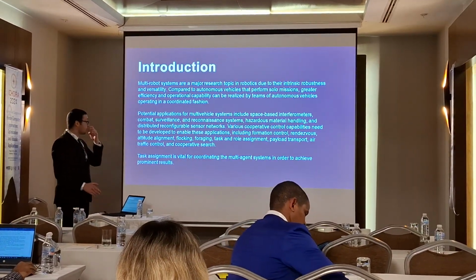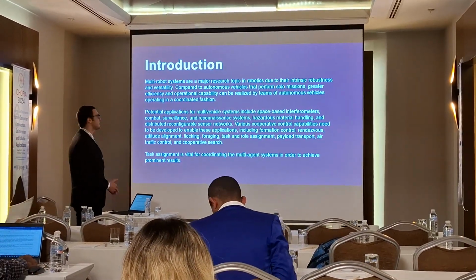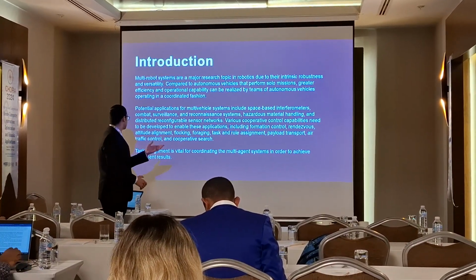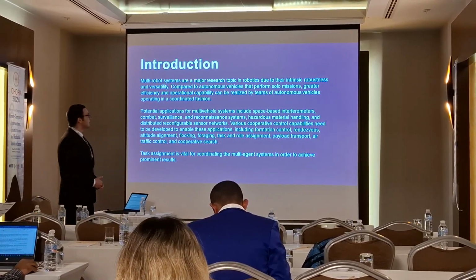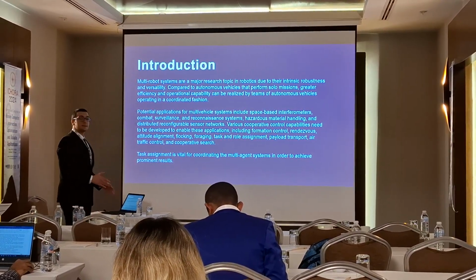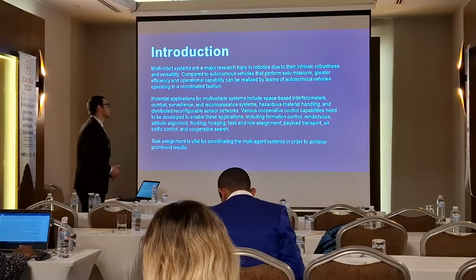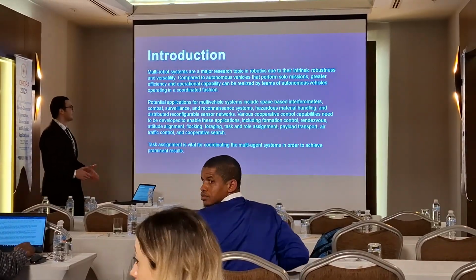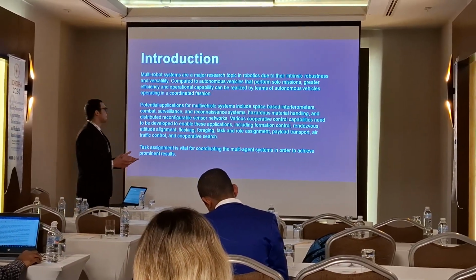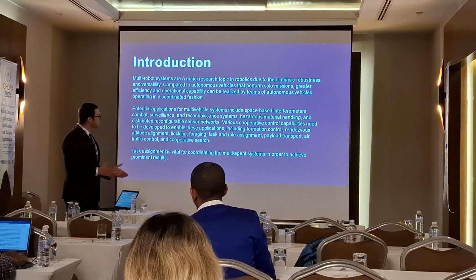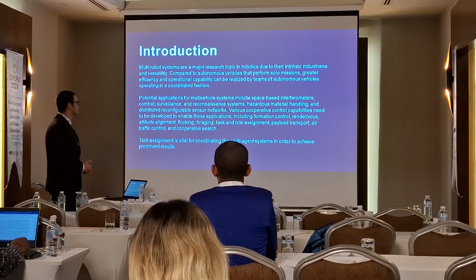Cooperative control enables agents to execute certain applications such as space-based interferometers, combat, surveillance, and reconnaissance, etc. And to enable these approaches, various cooperative control capabilities need to be satisfied, such as the flight foraging, task and role assignment, etc. So what we focused on in this study was developing an optimal task and role assignment, or the task allocation algorithm, for the multi-agent systems.